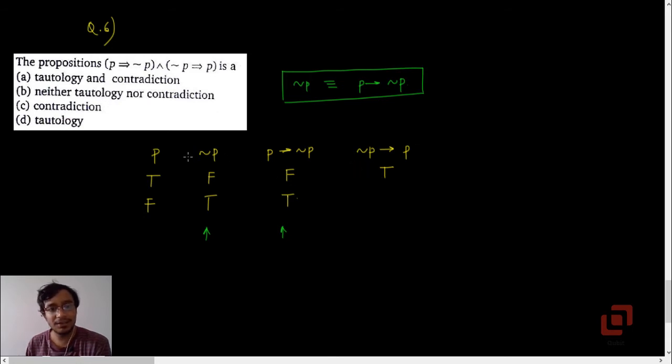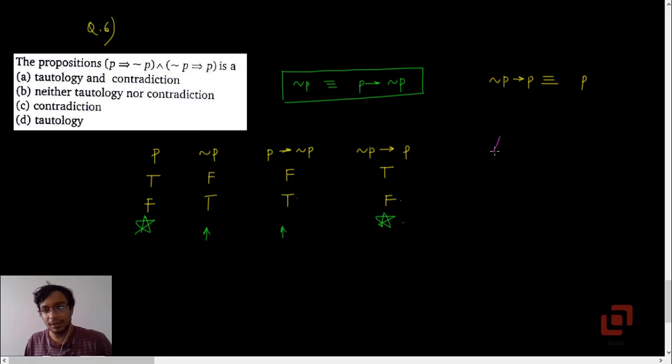Negation P implies P is true in the first case, but in the second case it will be false. So negation P implies P is logically equivalent to P because they have the same or identical truth columns, TF, TF. Okay, see now it is not very difficult to get the answer.